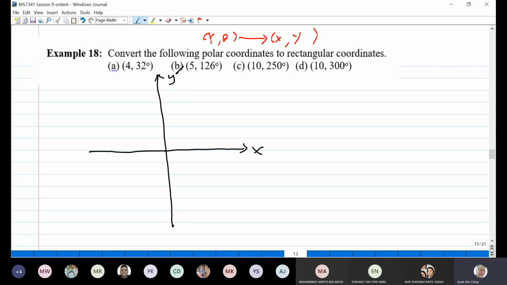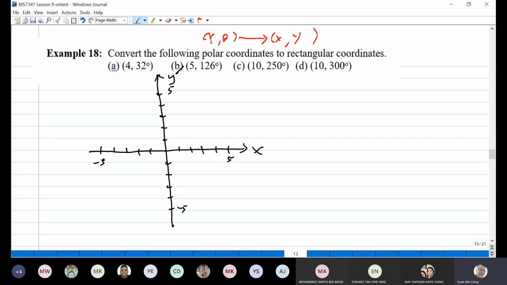So you draw 5 first. Let's say 1, 2, 3, 4, 5. So this is minus 5 here. So you get minus 1, minus 2, minus 3, minus 4, minus 5.